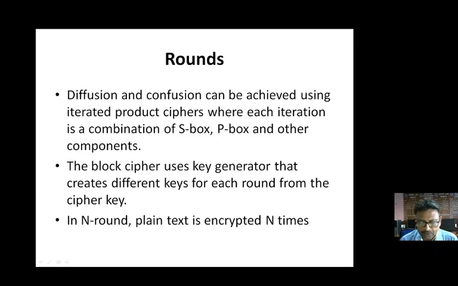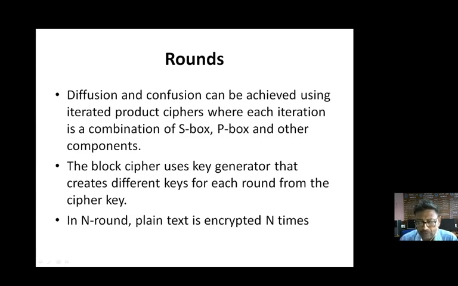So diffusion and confusion can be achieved by iterating the product cipher, where each iteration will have the combination of S-box, P-box, as well as the other components. And each iteration is known as a round.